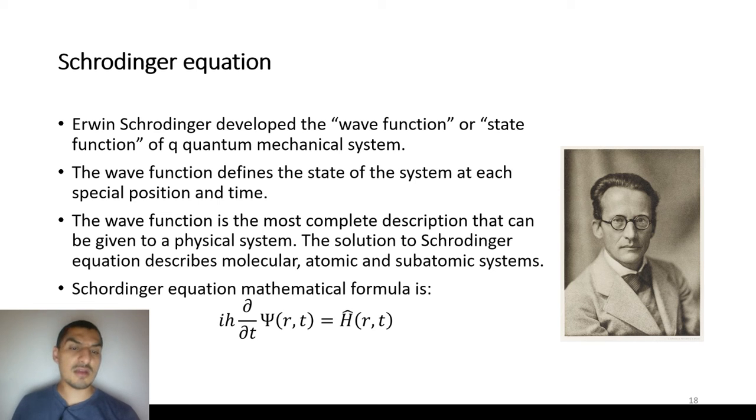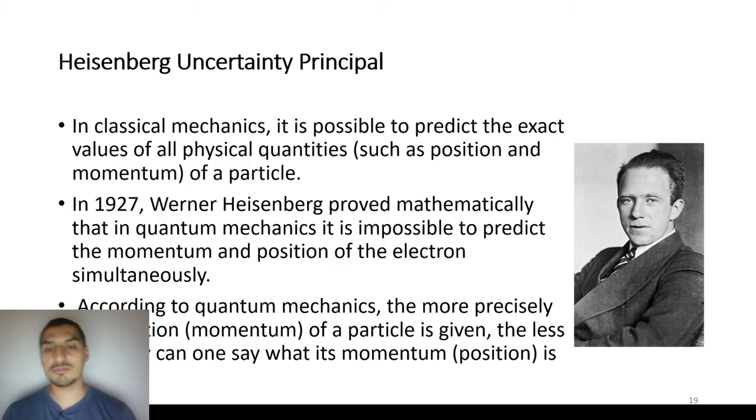I'm not going to go into the details of this because I personally do not understand it well, and it's out of the scope of this course, so there's no point in talking about it. I'm just mentioning this because Schrodinger's equation told us how we can model the electrons and how we can describe them in the form of equations.